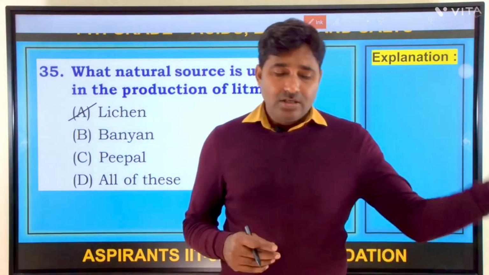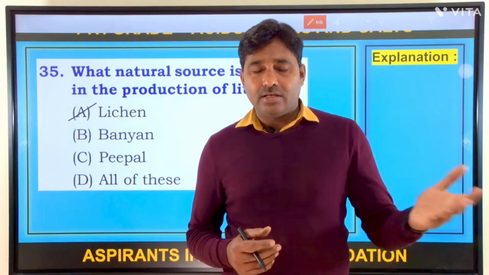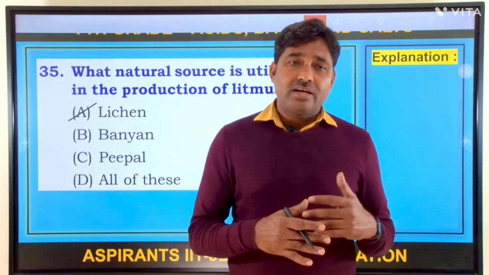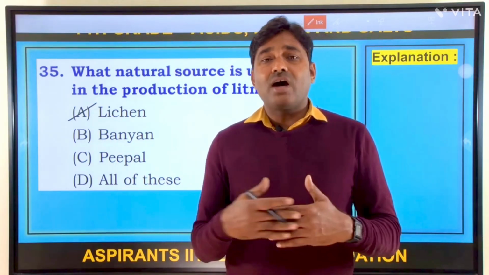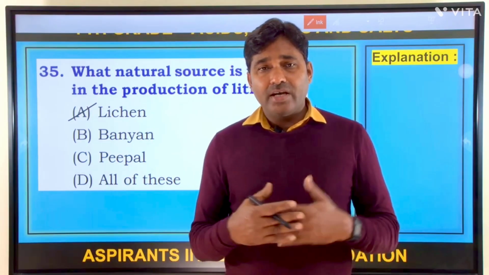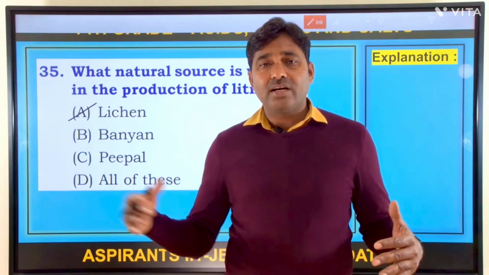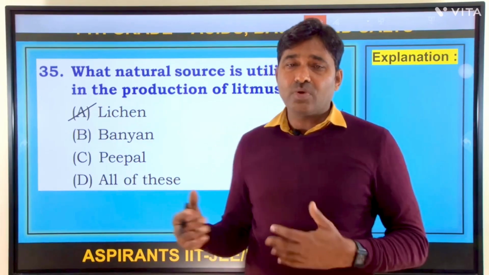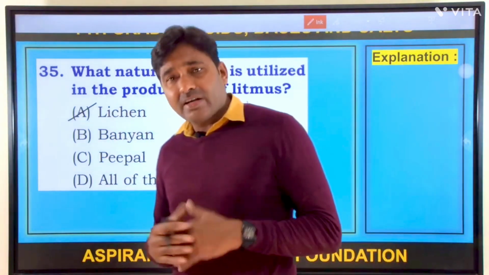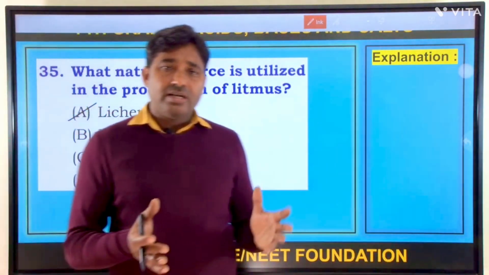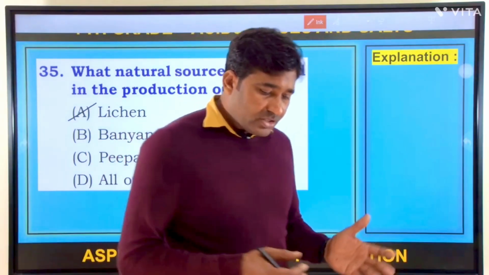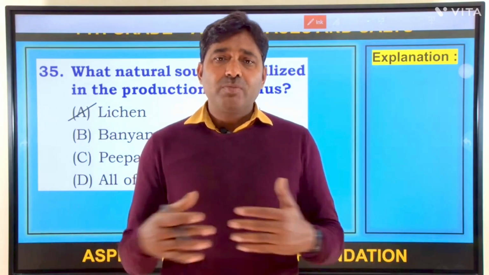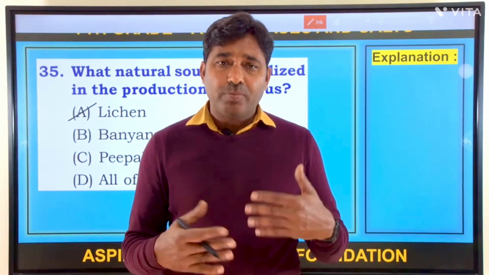It is neither fungi nor algae alone, but due to its symbiotic properties it has the characteristic components of fungi and algae. With that combination, it develops. That is lichen. Lichen is generally collected and dried. The dried lichen is powdered. That powder is mixed with chemical components like ammonia and lime.